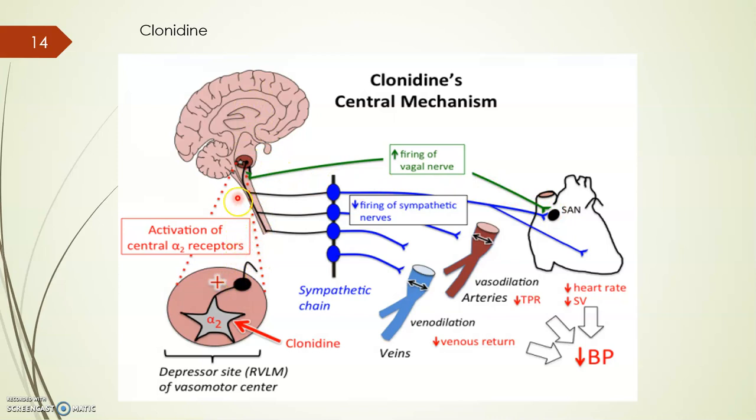So clonidine acts here on alpha-2, and finally it will reduce firing of sympathetic nerves.